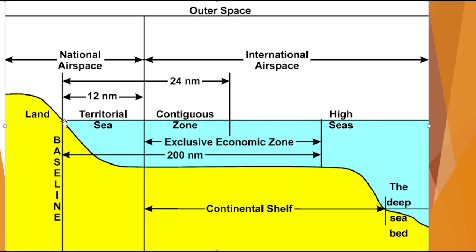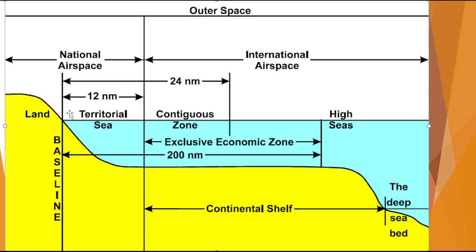So the baseline is the line from which these zones, the territorial sea, the contiguous zone, the EEZ, exclusive economic zone, and the high seas, are calculated. This baseline is the base camp, we can say.